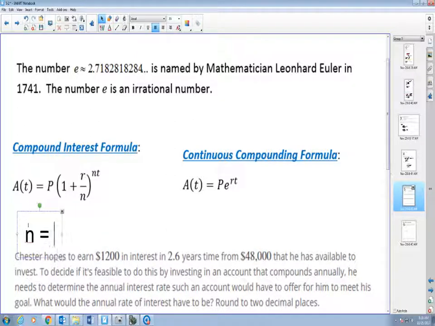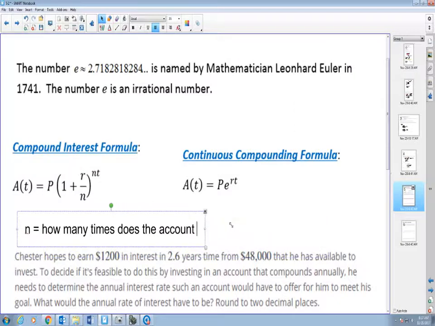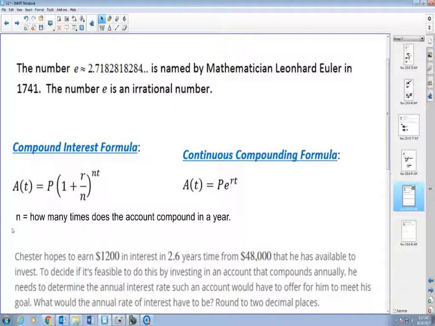represents how many times the account compounds in a year. If we hear the word annually, annually means your n is equal to 1.